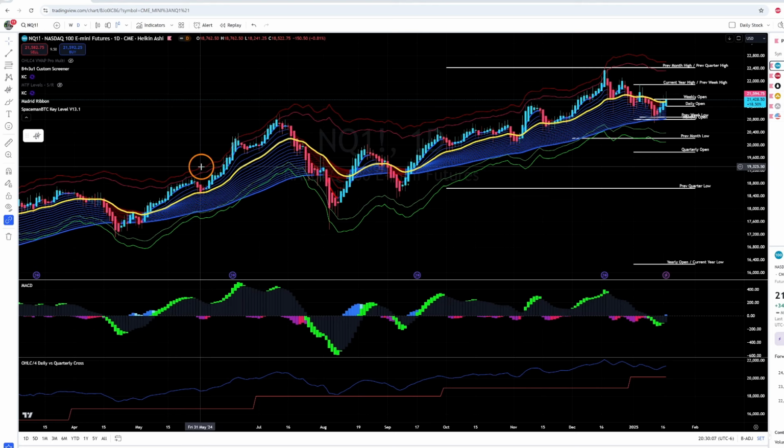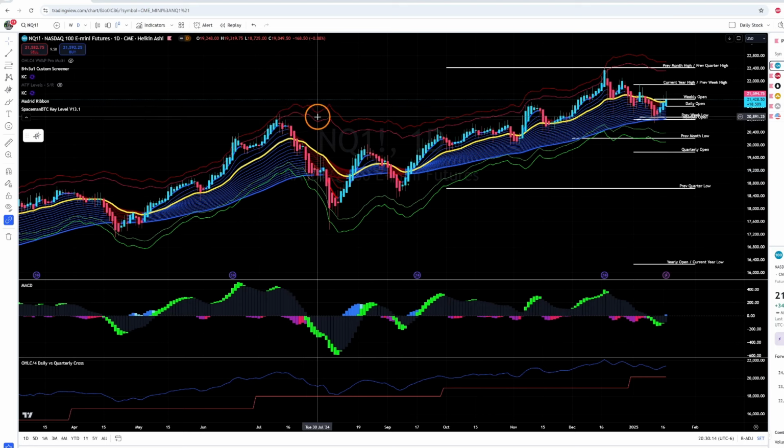Next thing I have is the Keltner channels that basically show average true range. If you don't know what that is, look it up. But basically, it's kind of like standard deviation, but it's not calculated the same. And so what I have is the 2.7 and the 2.1 ATRs based off of the 21 exponential moving average.